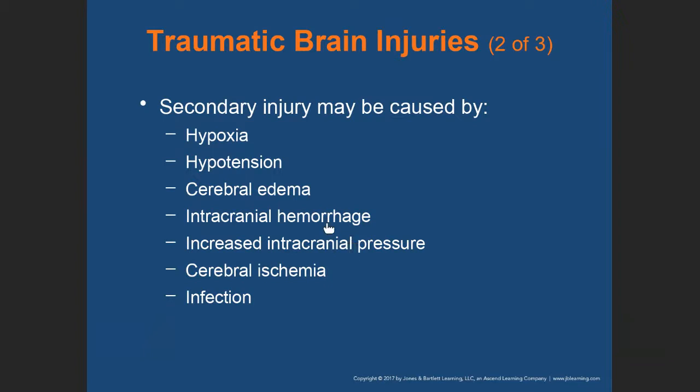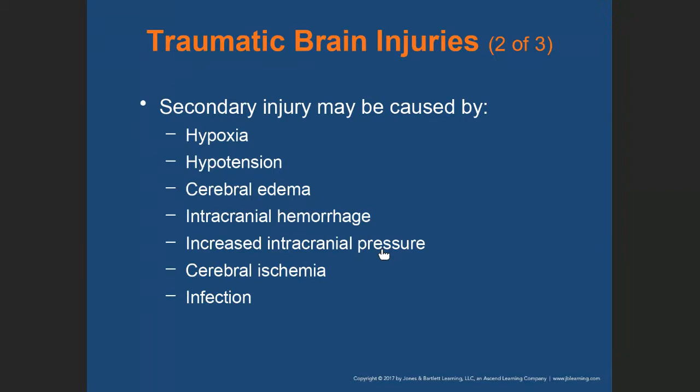So ICP going up inside of the skull is bad. Remember, the brain occupies majority of the space inside of the skull, and cerebrospinal fluid and blood vessel is the other 10%. So if the fluid pressure starts to go up, it can create significant pressure on the brain and the blood vessels.